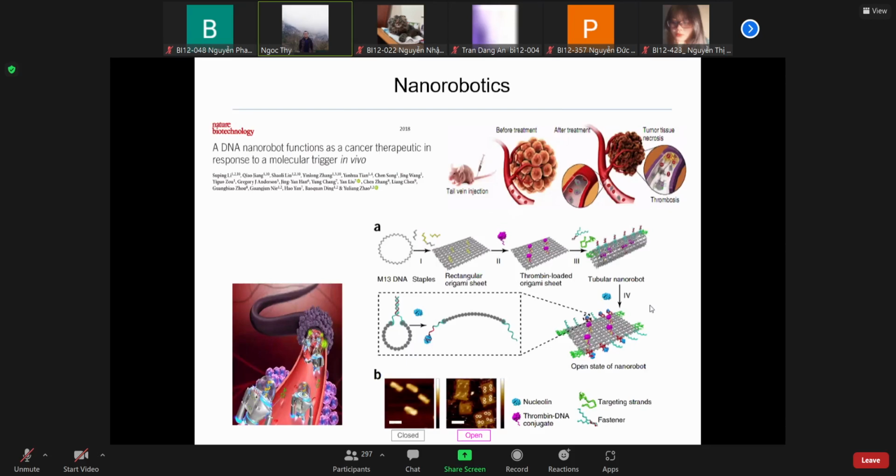In cancer, the most common therapy is chemotherapy, when the patient will receive chemo treatment.